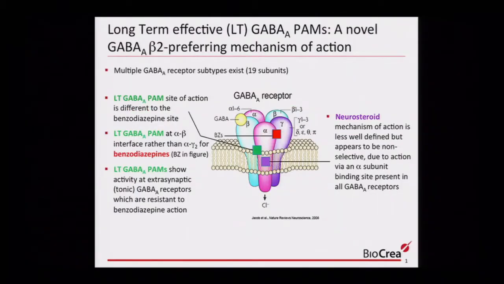As you all know, the GABA-A receptor is not a new target. It's an old one. And we all know about the benzodiazepines and the efficacy of these compounds in several seizure animal models. However, we also know about the limitations.